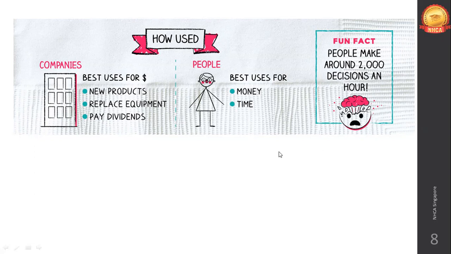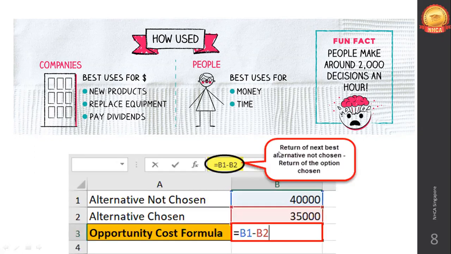You have money, you have two choices: either do the repair work of the existing equipment, or throw the existing equipment and buy a completely new equipment. The choice is yours. How do you want to spend your money? So analyzing certain things will allow you to make use of the opportunity cost in a better way. The best use of your money, the best use of your time can be done using opportunity cost.